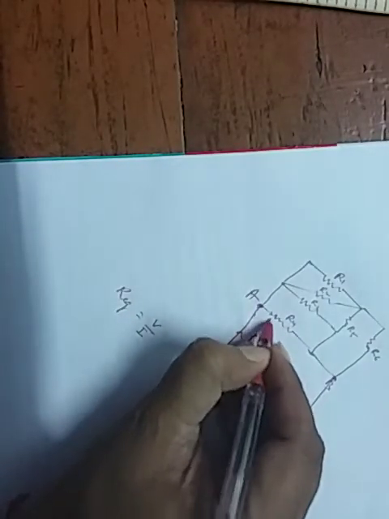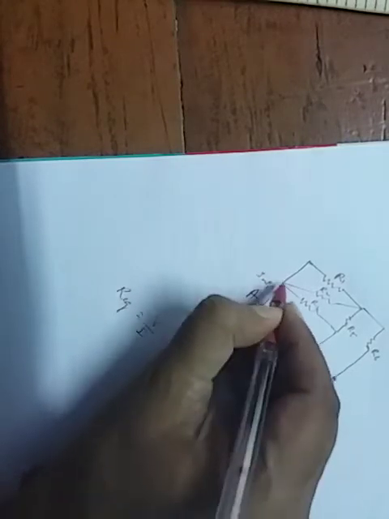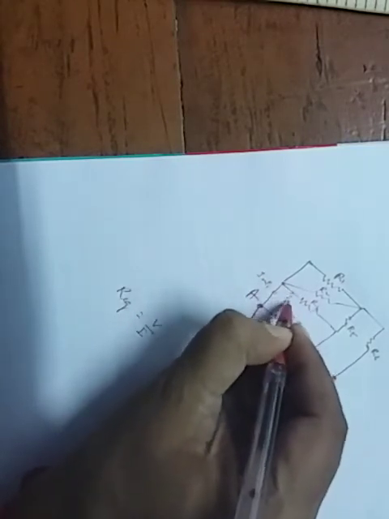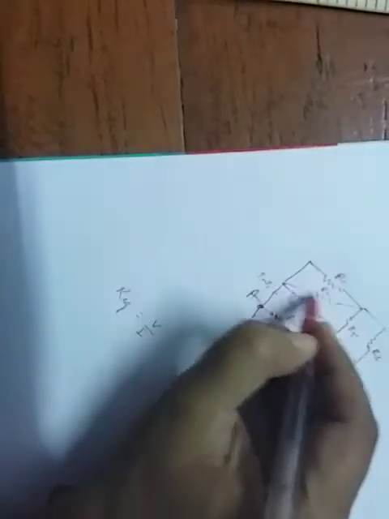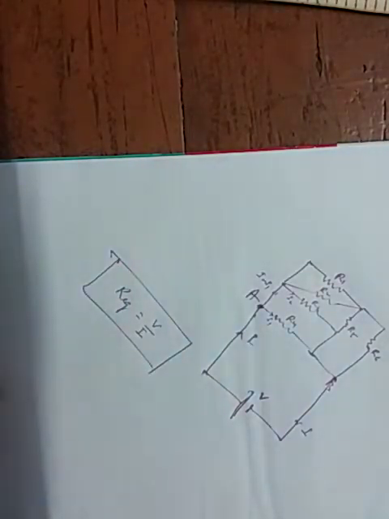I comes here, I1 goes here and I minus I1 goes here, then the current is distributed again, here I2 and I3. This way we solve different loops, and finally my equivalent resistance is V by I.